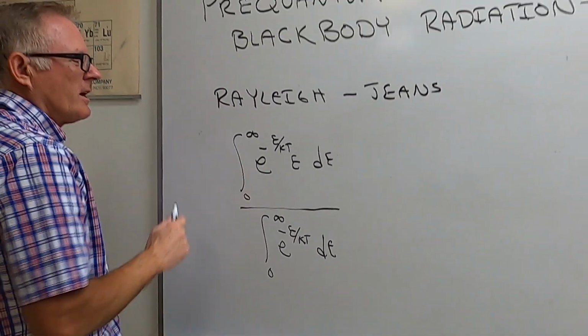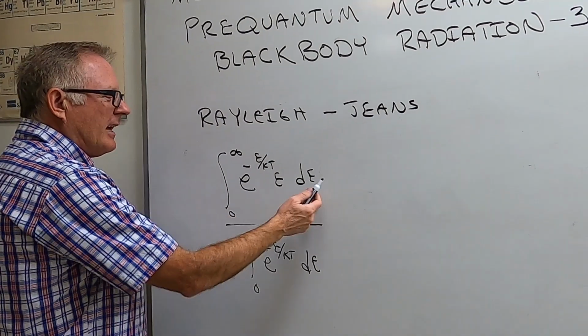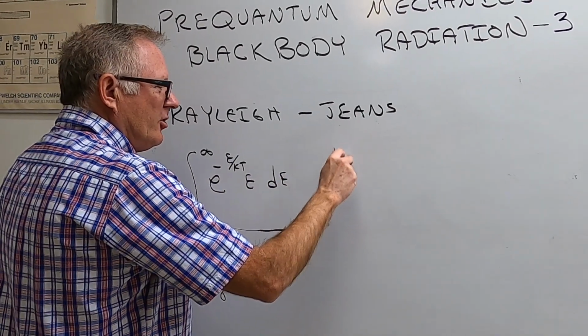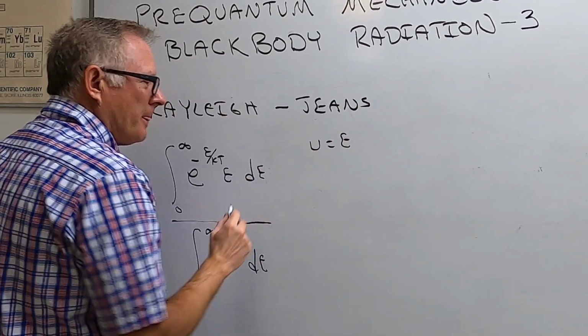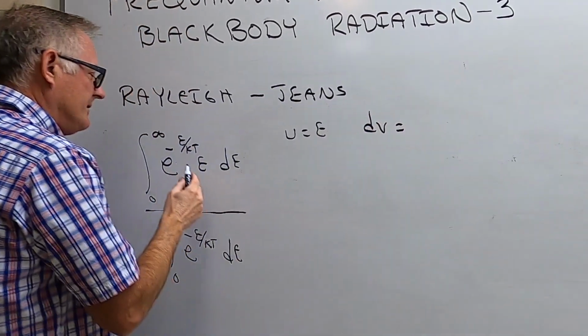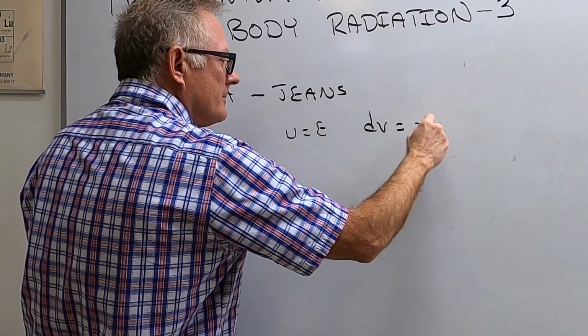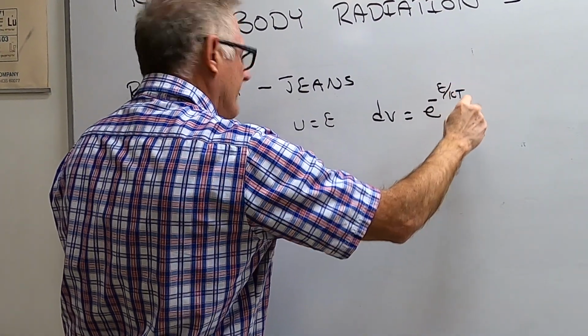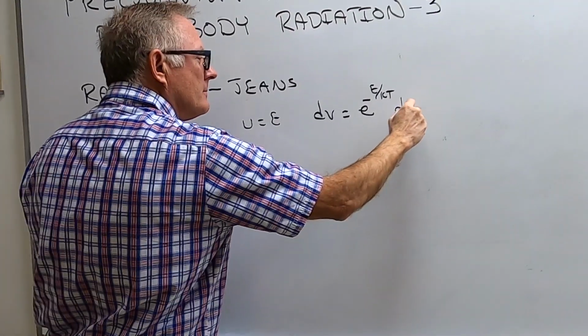Okay, so let's just work on the top right here. It looks like the best way to integrate this is by parts. Let u equal E, and let dv equal the rest, e to the minus E over kT dE.